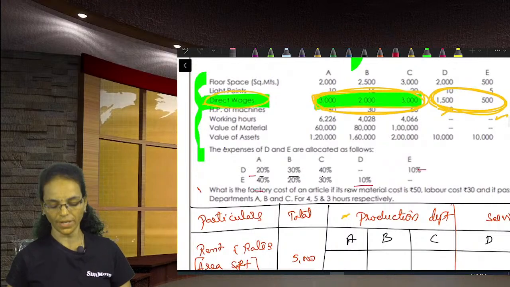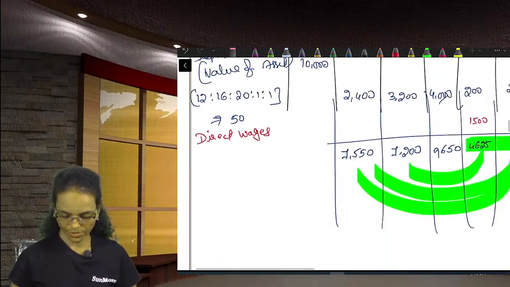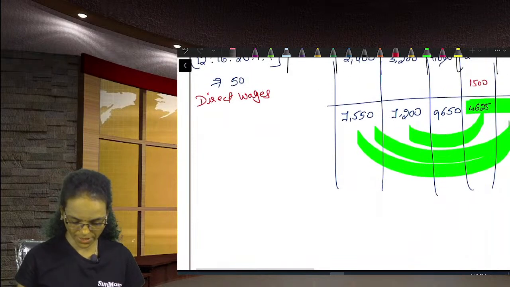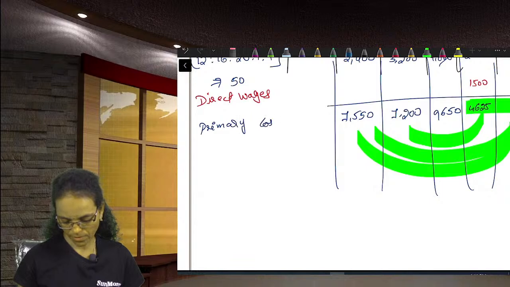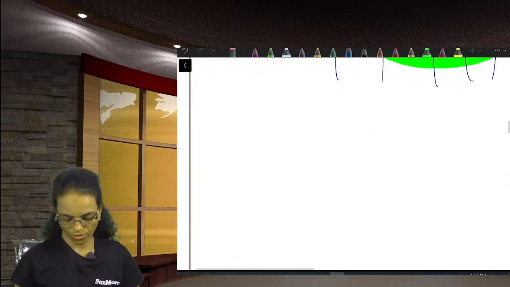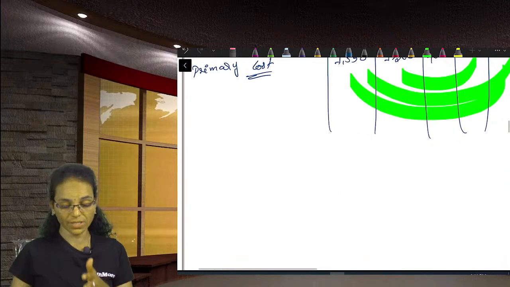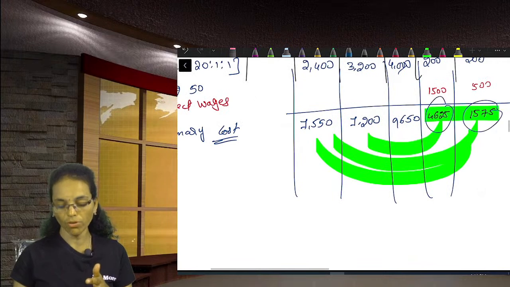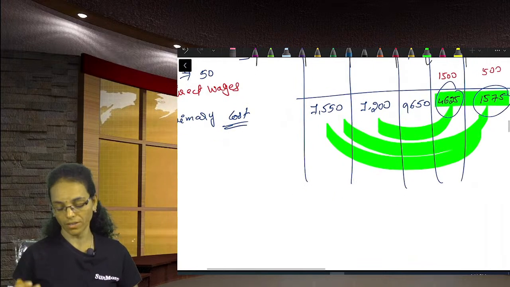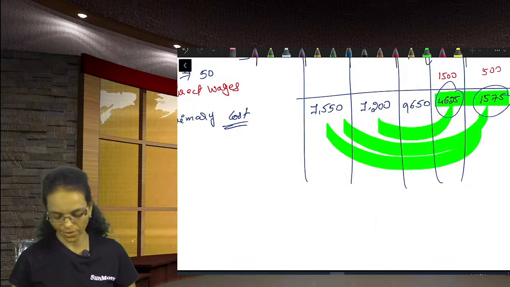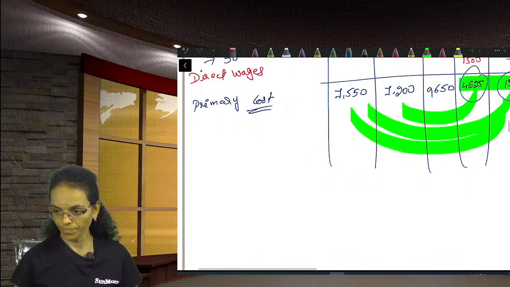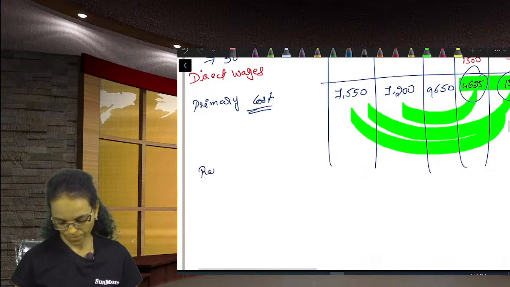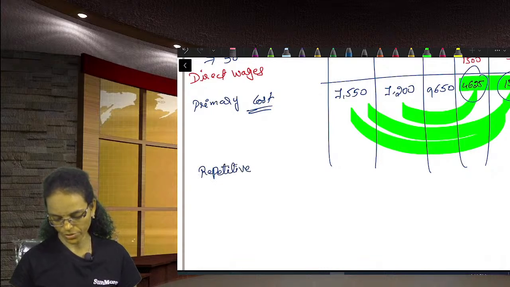Okay, this is the primary cost. Now we will allocate this expenditure to production departments under secondary distribution, repetitive distribution method.